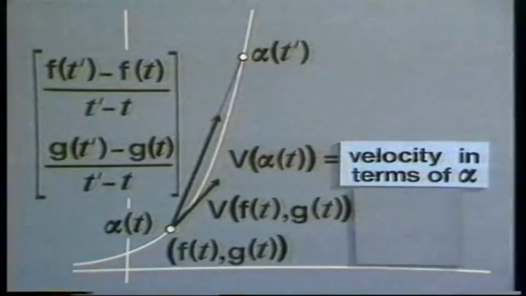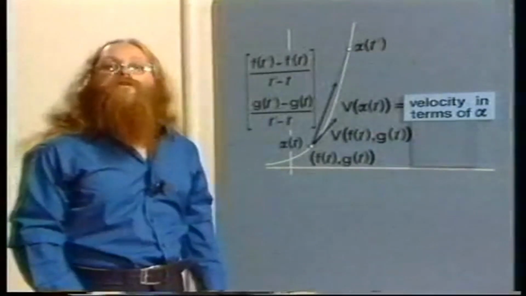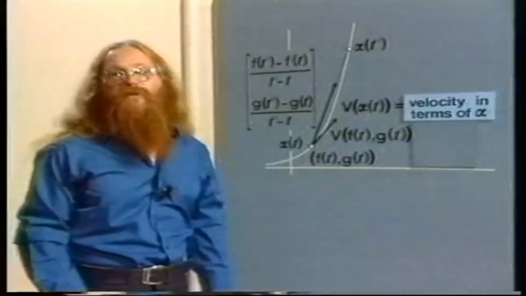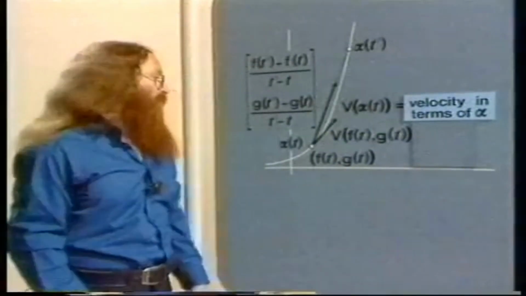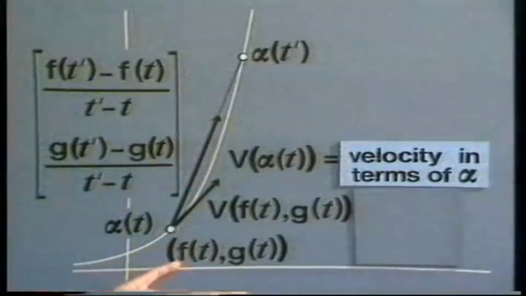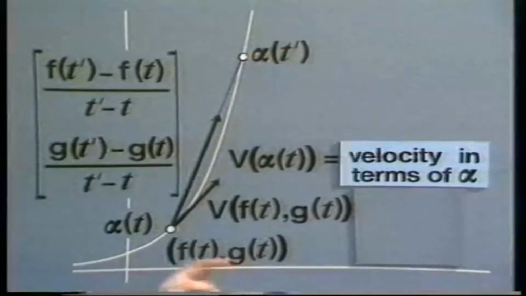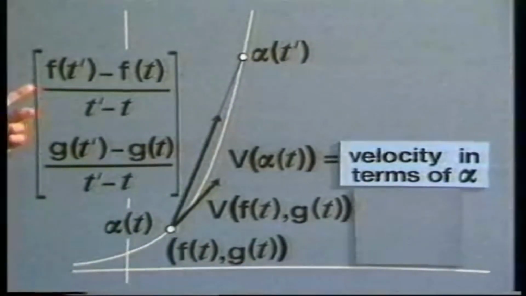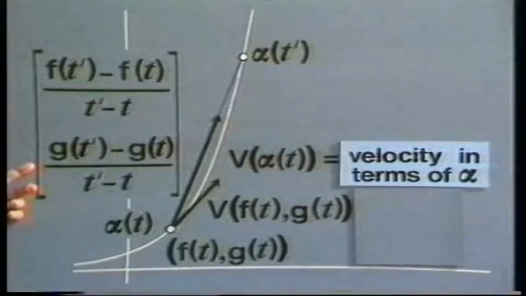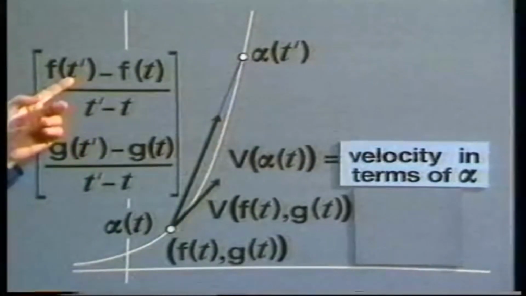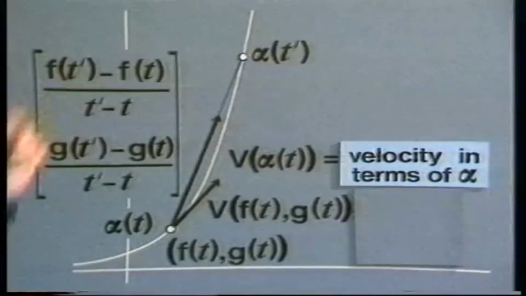So what I now must do is find some meaning for this and this expression when t prime equals t, and you might have guessed by now that derivatives are going to be involved. You see, if the functions f and g are differentiable at time t, then these expressions are just their chord slope functions evaluated at some time t prime not equal to t.